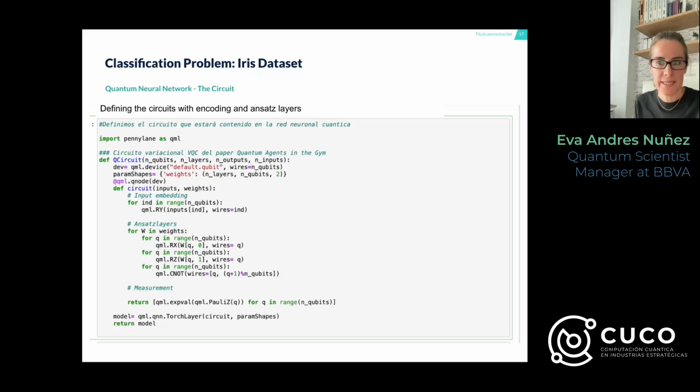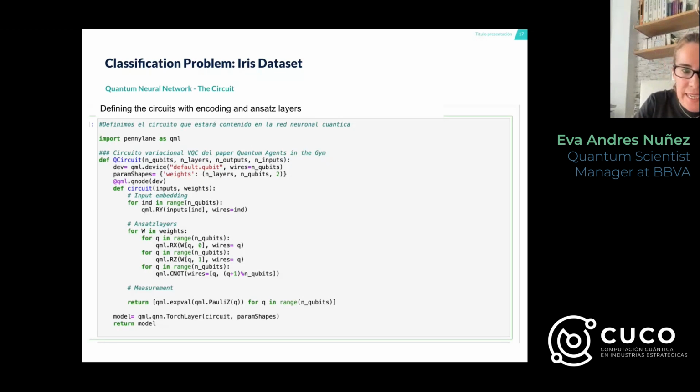It is in a similar way to classical machine learning, where, depending on the solution, the number of neurons, the number of layers, the learning rate, or the pre-processing of the data depend on the data and also the problem. In this case, it's very similar. The use of one rotation or entanglement gate instead of others depends on the nature of the problem and the nature of your data.